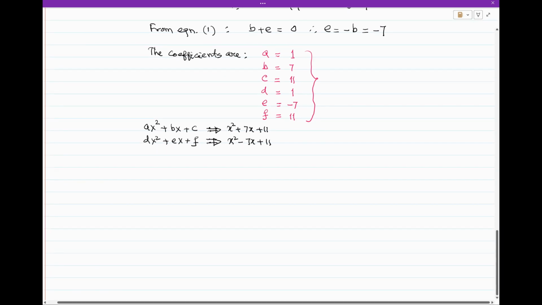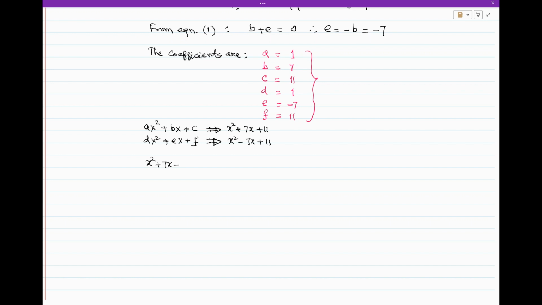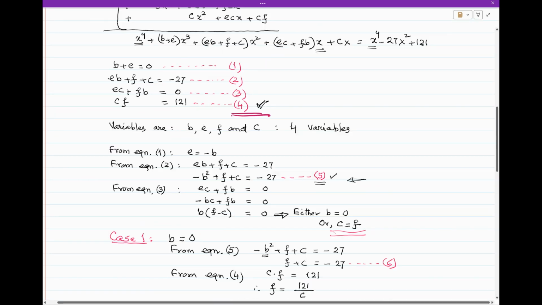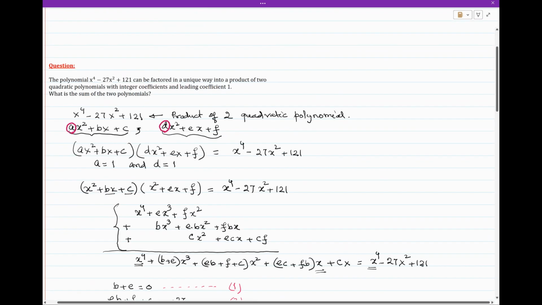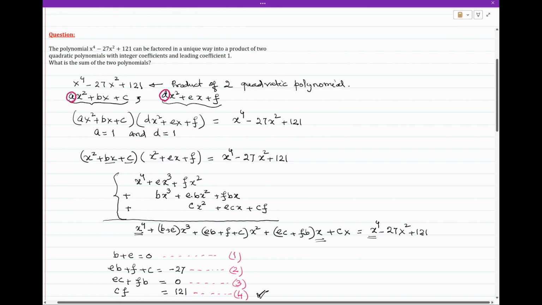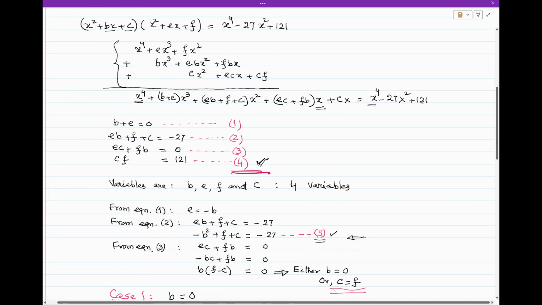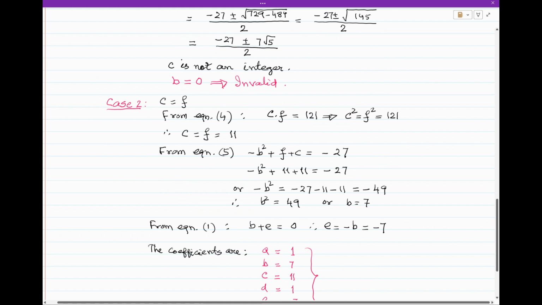These, when multiplied together, will give us our given expression, that is x to the 4 minus 27x square plus 121.